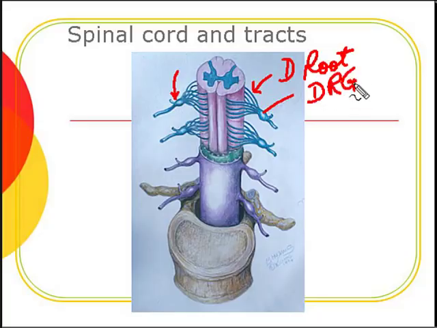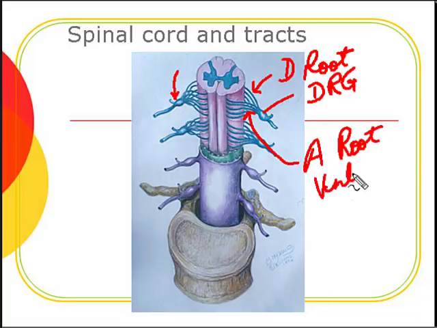Posterior and dorsal are synonymous. Then the rootlets which are present anteriorly are the anterior or ventral roots. So we call them anterior or ventral, and it was dorsal or posterior. Now, this spinal nerve is connected to the spinal cord by dorsal rootlets and ventral rootlets.